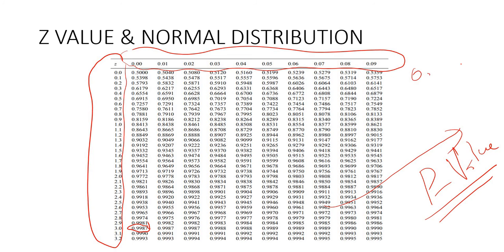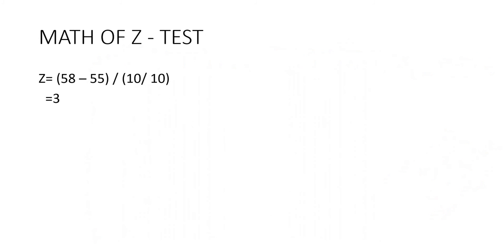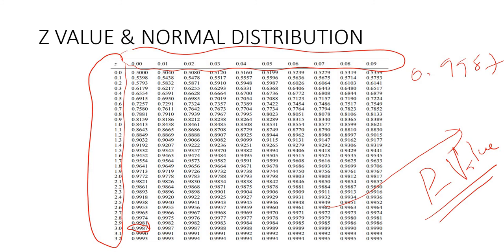So the corresponding p value is 0.9987. If your z value is somewhere around 3.1 or 3.09, you will get into 3 and then this 0.09, and you will get into this value. You are getting me? So it's given like that, at 0.0001.